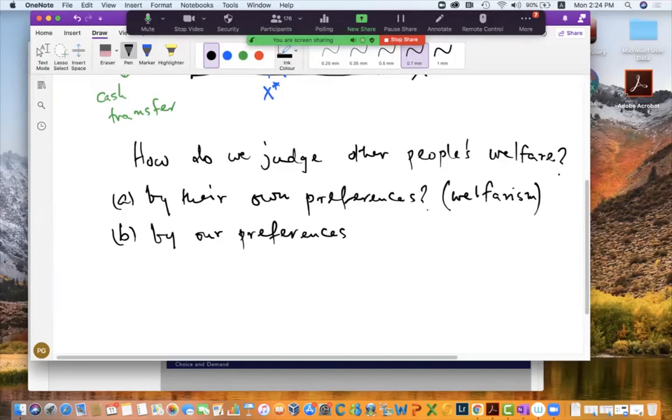We say, these are the preferences they ought to have. If they're poor, their preferences should put a lot more weight on food compared to vice goods. And this broad approach can be called paternalism.